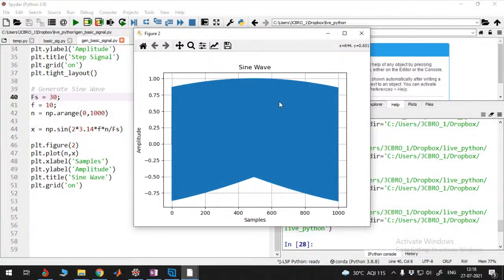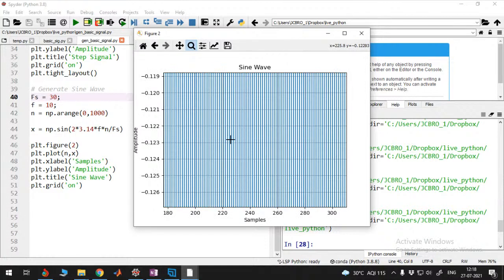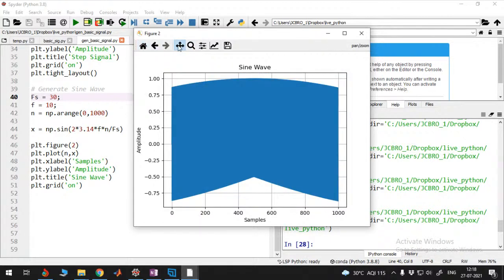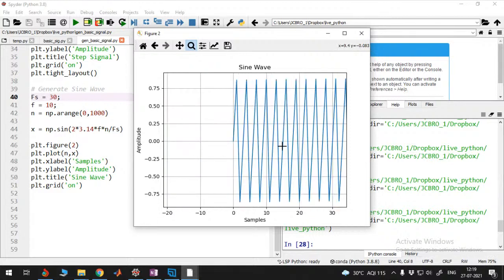It is following the sine wave, but it is not good. Let's zoom out a little bit. It doesn't look like a sine wave of frequency 10 hertz.